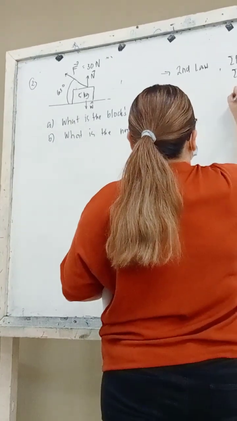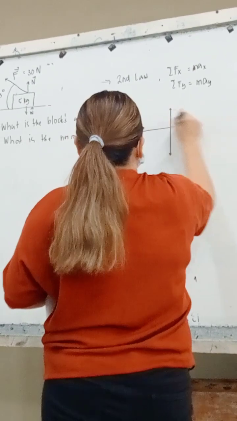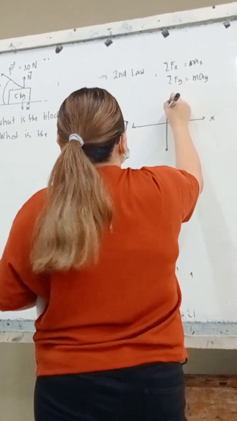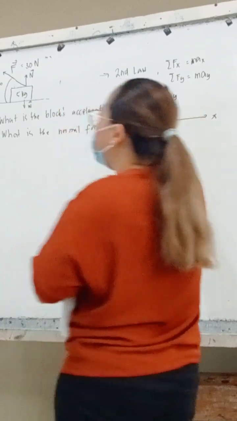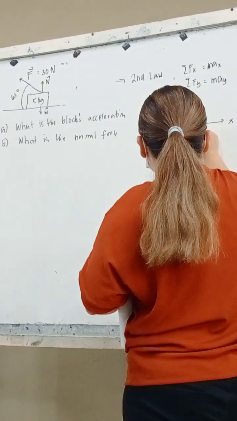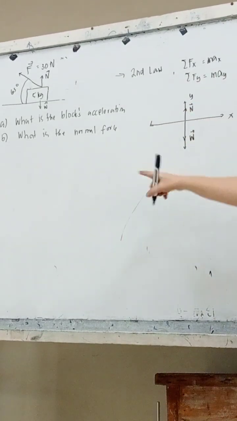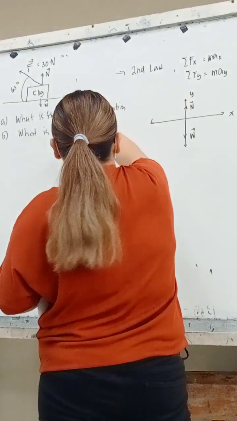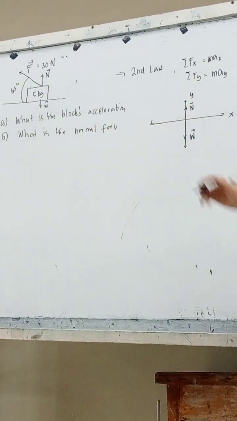If we draw the free body diagram, we have the x-axis and y-axis. The normal force is along the positive y-axis, and the weight is along the negative y-axis. Then our external or applied force is located in which quadrant? The second quadrant.